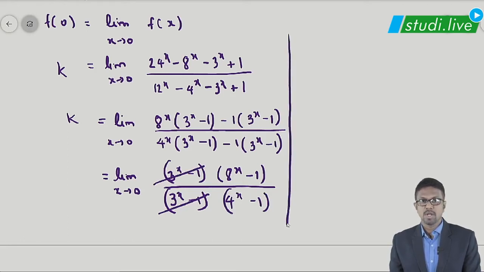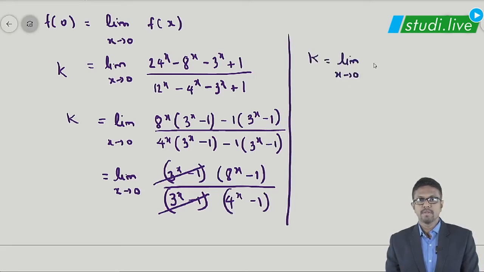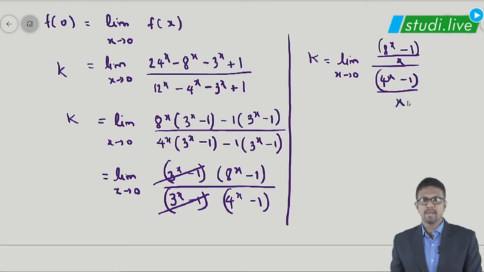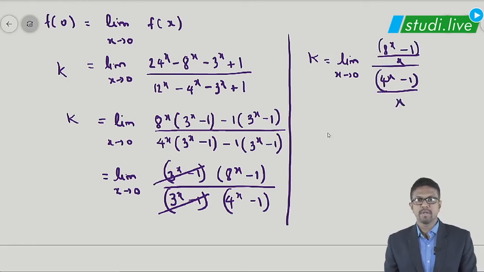Okay. So now k is equal to limit x tends to 0, 8 raised to x minus 1 upon 4 raised to x minus 1, but to complete their formulas I had to divide by x. So let us divide the numerator and denominator by x. So the formulas are now getting complete.